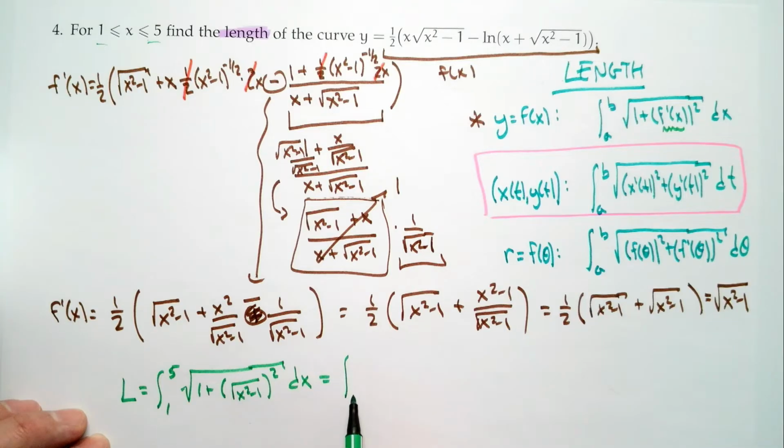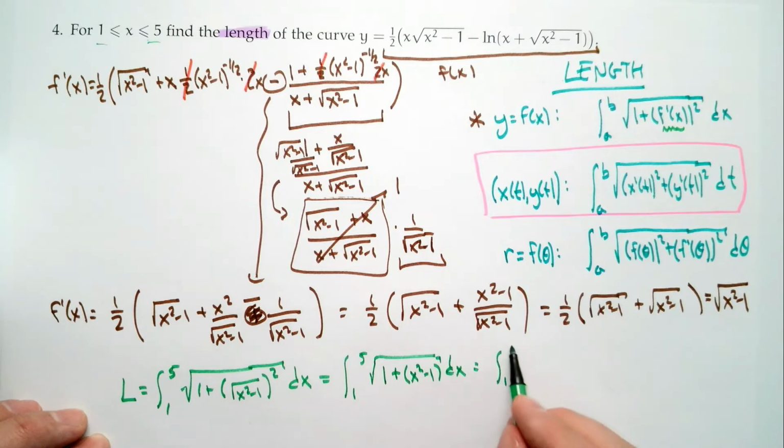Well, now we've got to integrate that. What happens when we square the square root of x squared minus 1? It becomes x squared minus 1. And then what happens? The plus 1 and the minus 1 cancel. That's good news for us.